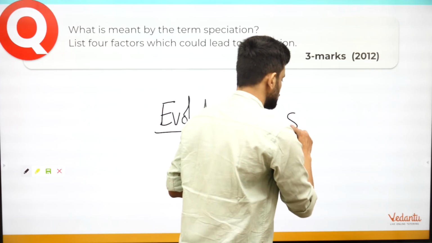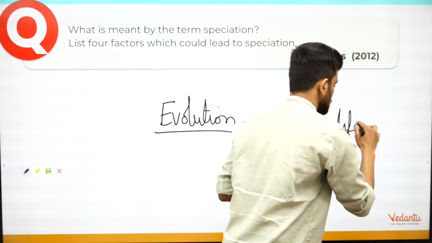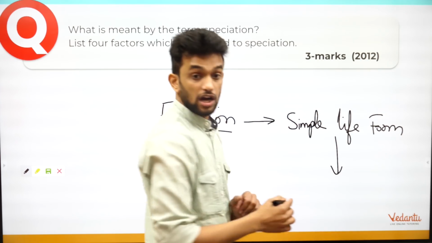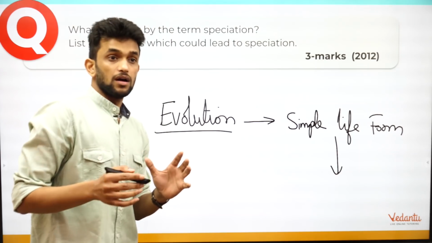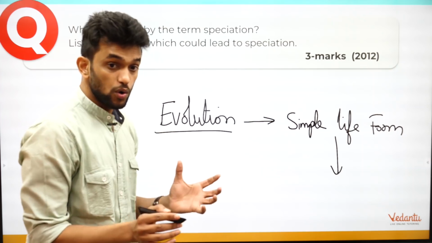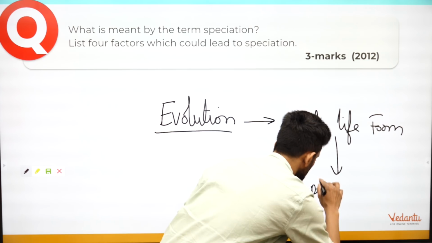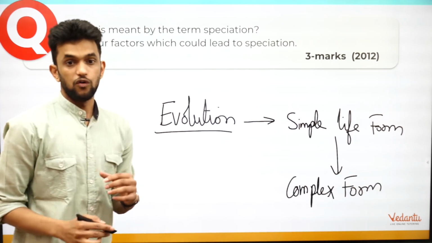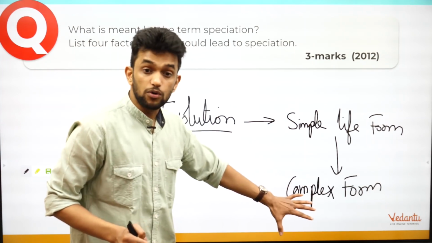In evolution, a simple life form gets transformed over time into a complex form. That is evolution.